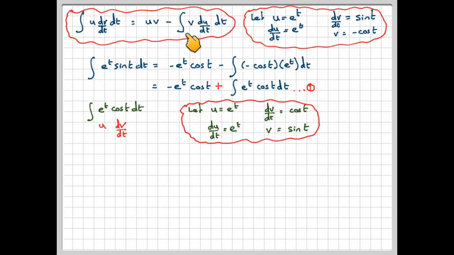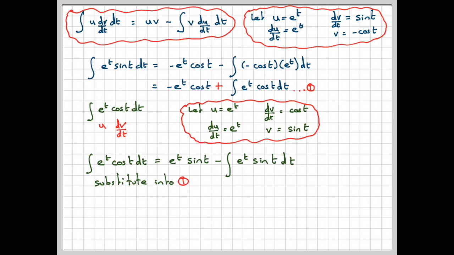Using this formula now, the integral of e^t cos t is going to be uv, e^t sin t, minus the integral of v du/dt dt. I've written it du times v just to get the things the same. Now the problem is here, we've ended up having to integrate what we actually started with, which was this. So we'll stop there and we'll substitute this into equation 1 here.